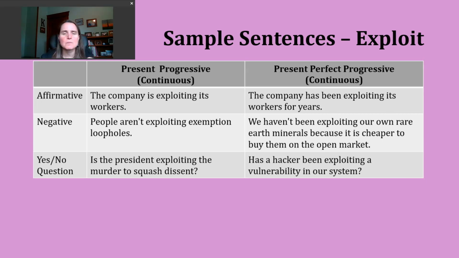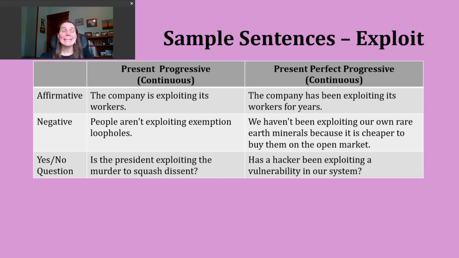I know it's very similar to the present progressive, but again, I want you to notice the focus here, or the intent of something like this, is that this action of maybe overworking and undercompensating someone started in the past, it's still happening now, and this person might be suggesting unless we do something, it's going to continue happening into the future. So it's different than that first sentence where we're really focused on what's happening now.